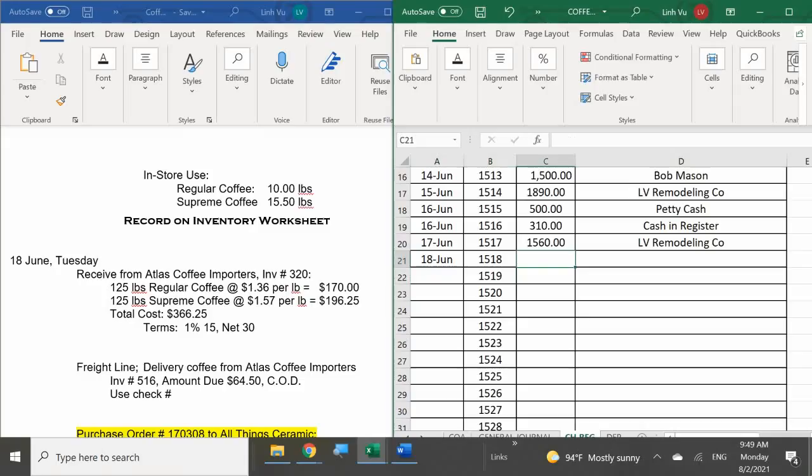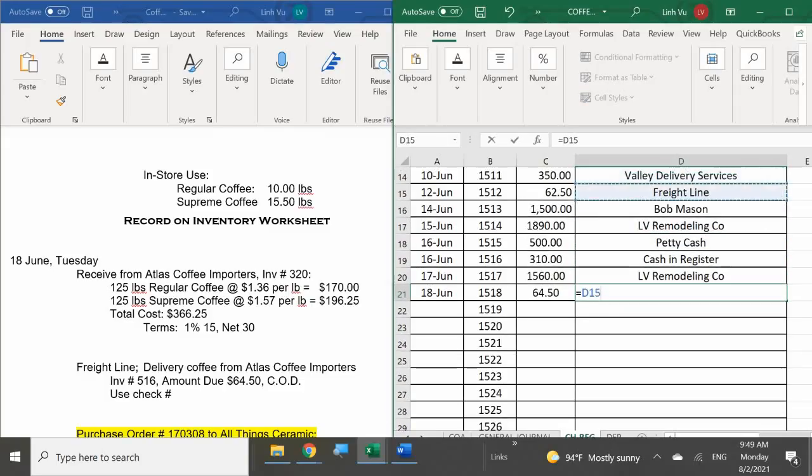Okay, we use check number 1518 for what total amount? For $64.50. To who? Freightline.